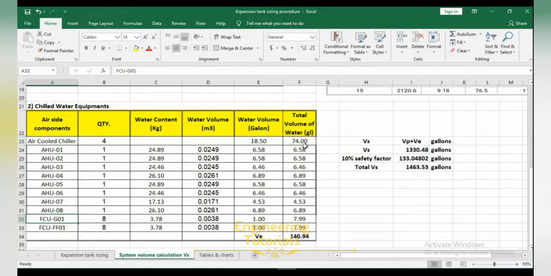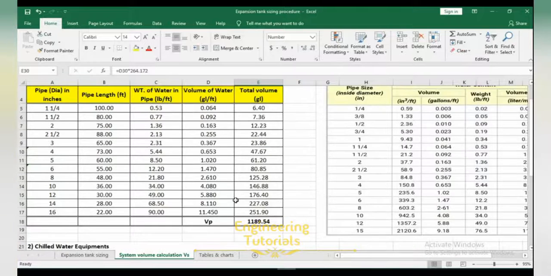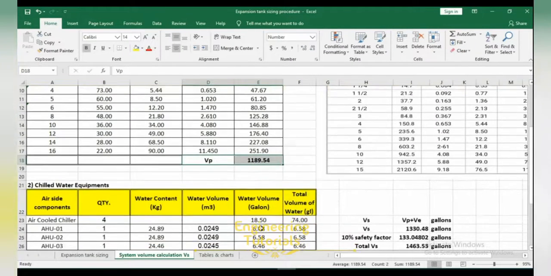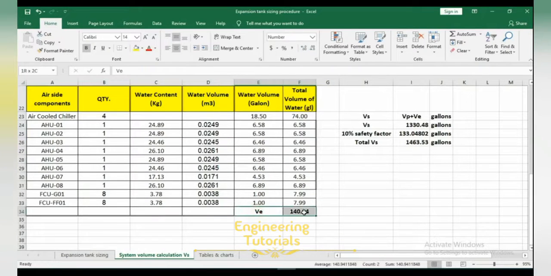Then you have to sum up all the volumes of the system which you have calculated above. So the total volume of the equipment is 140.94 gallons. For the pipe, the volume which we have calculated is 1189.54 gallons, and due to the equipment, the volume is 140.94 gallons.